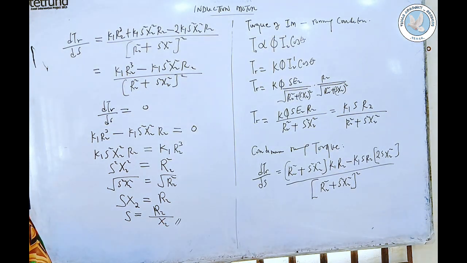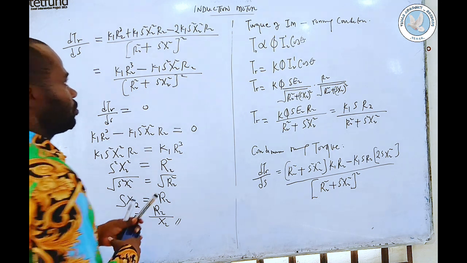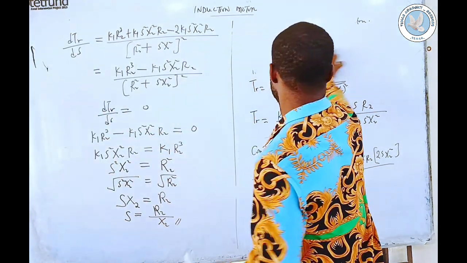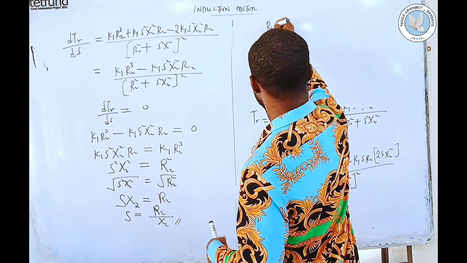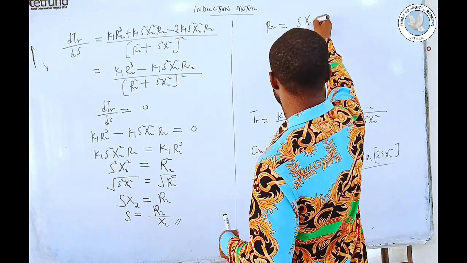So for a maximum running torque, the rotor resistance must be this.